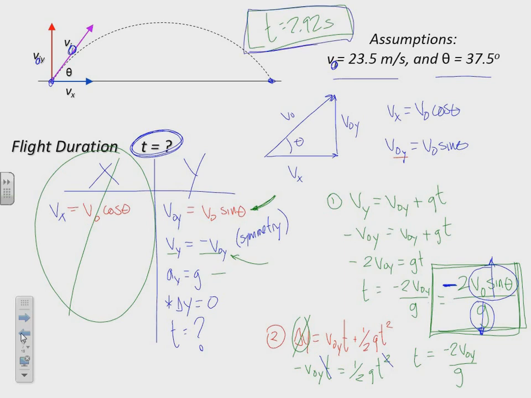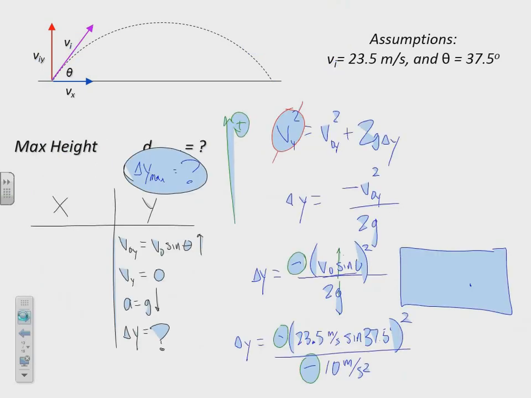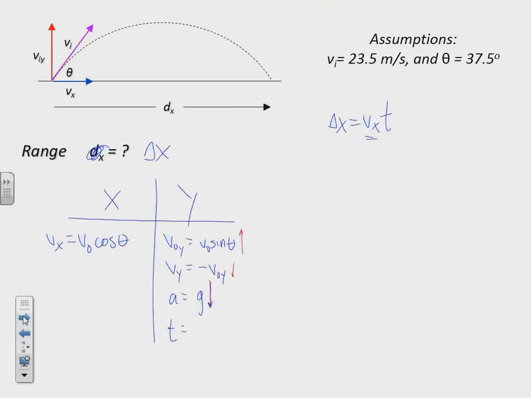Right? So I would hope you would do the same exact thing to find time in the air, which really boils down to this: negative 2 v naught sine theta over g. So we remember we get 2.92 seconds.